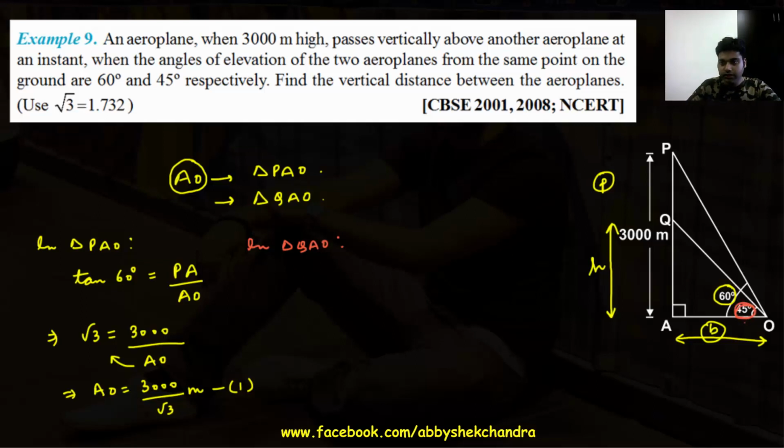With respect to this angle, AO is the base and AQ is the perpendicular. So again we are going to use tan theta. So tan 45 degrees is equal to QA divided by AO. What is tan 45? Tan 45 is 1, equal to QA.